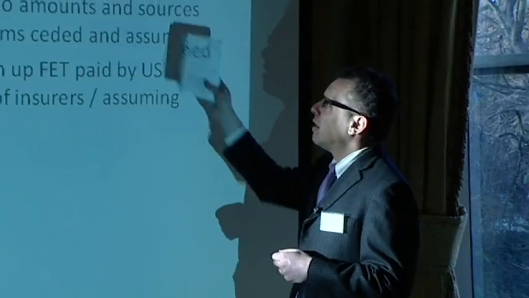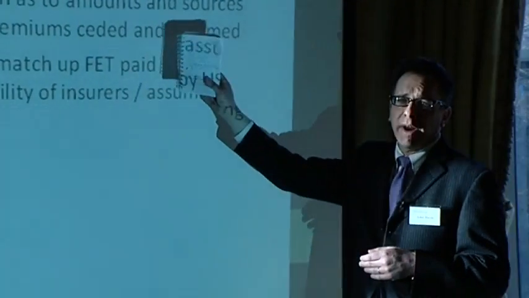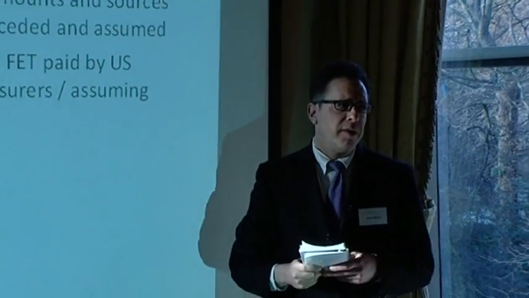So an information document request is a basic tool of the IRS. One of the things that's interesting about it is that they've asked for a lot of information from the reinsurers. They've asked for the amounts and sources of insurance premiums and reinsurance coming in both directions. They've asked for the ceded and for the assumed.